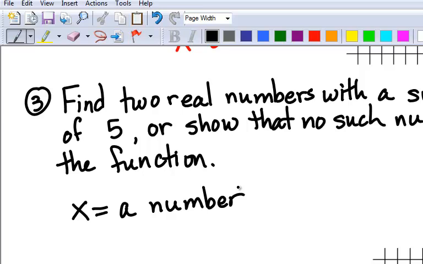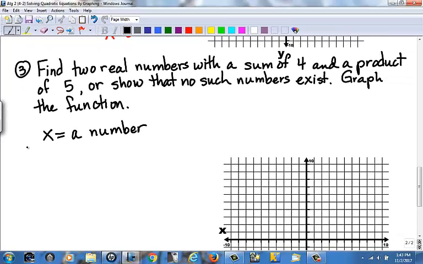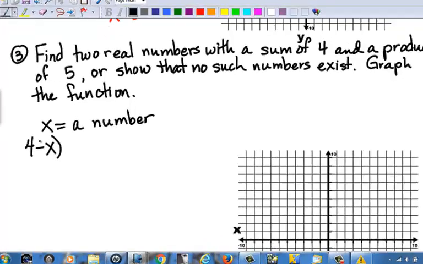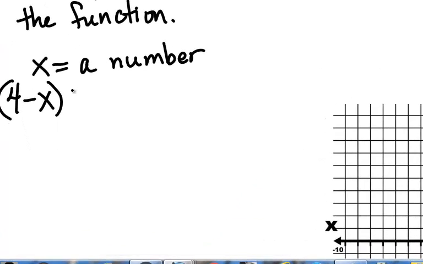Instead of doing addition, do it the other way: the total minus. Like if x was 1, the other one would be 4 minus 1, which is 3. Put that in parentheses because that represents one number, and say this is the other number. If it's a sum, you always put the total minus x.